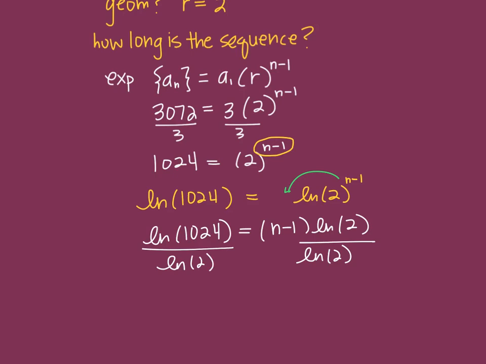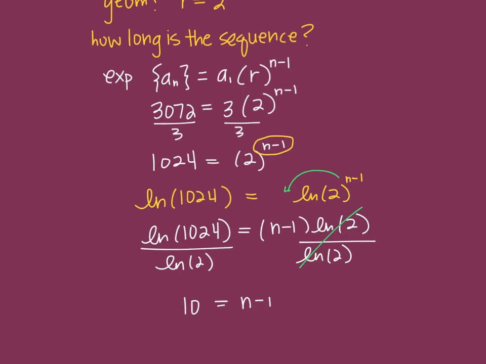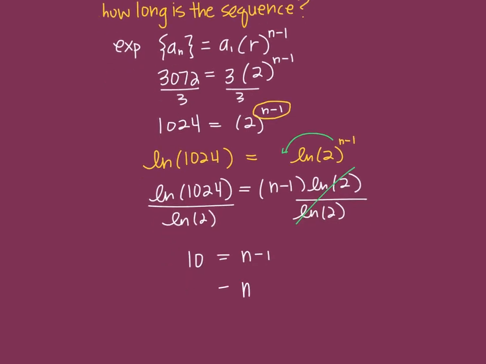That actually works out, if you check it on your calculator, to be 10. And so these reduce away, and we have 10 equals n minus 1. Now add 1 to both sides, n is 11.